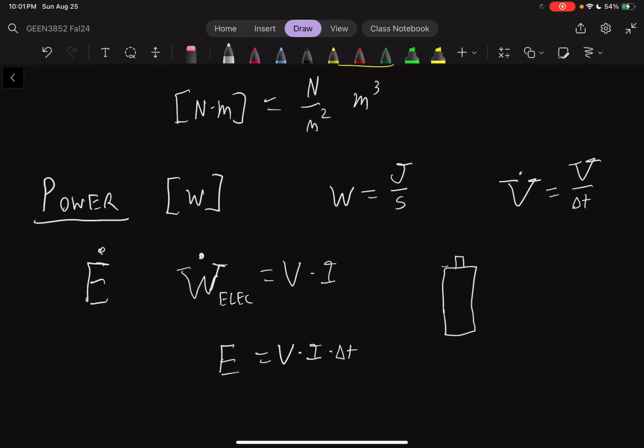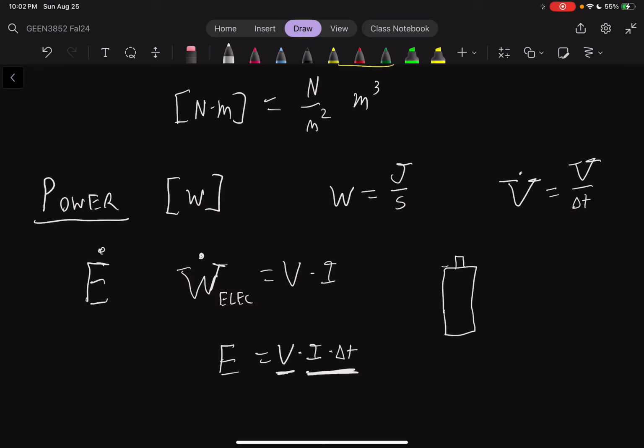And this is really helpful. Batteries usually have a voltage. It might be like a 1.5 volt battery or a 12 volt battery or a 48 volt battery. That's analogous to the pressure in my super soaker. And then it has this term, which is analogous to the volume. It's the current times time. And many times the batteries have an amp hour or milliamp hour rating that will tell me how much energy is stored. So I can calculate how much energy is stored in that battery in joules, and I can understand how I can use that energy.